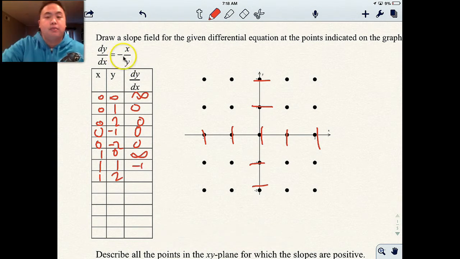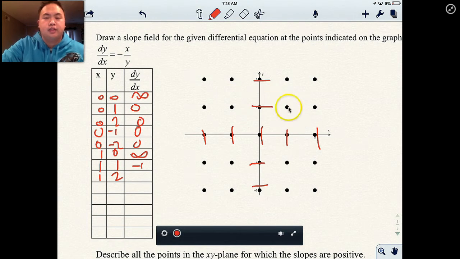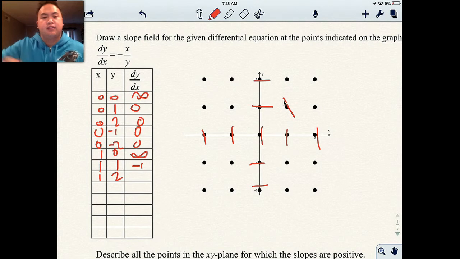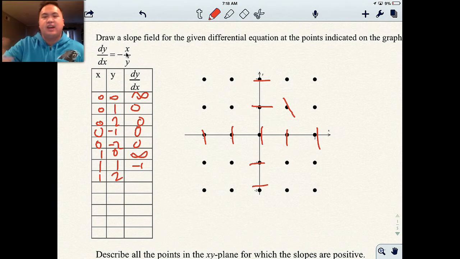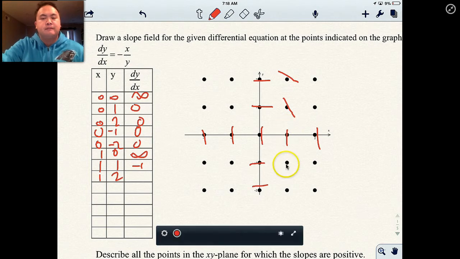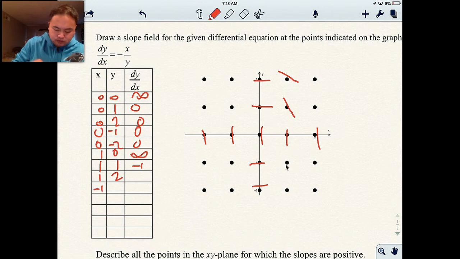To draw a slope of negative 1, you basically draw a line that has a slope of negative 1. I'm going to draw that. At 1, 2, I'm going to get negative half. So again I draw a slope of negative half, not as steep as negative 1. At the bottom here, I have 1, negative 1.